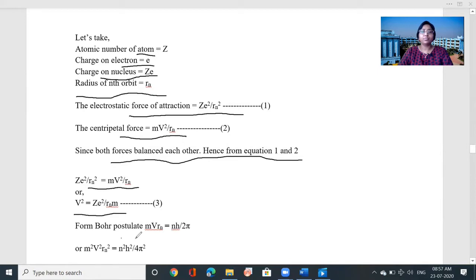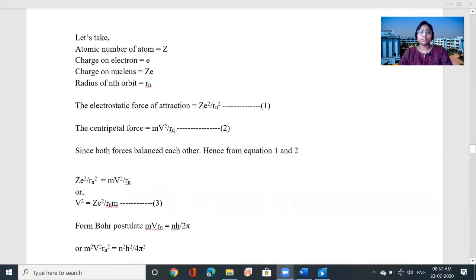From the Bohr postulate, we get m v rn is equal to nh by 2π. You can remember what v, r and m are, it is already noted here.